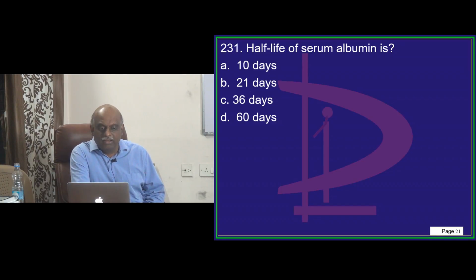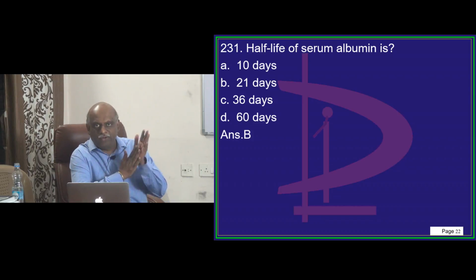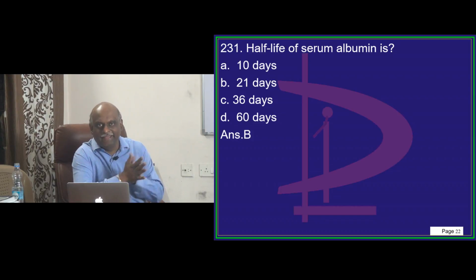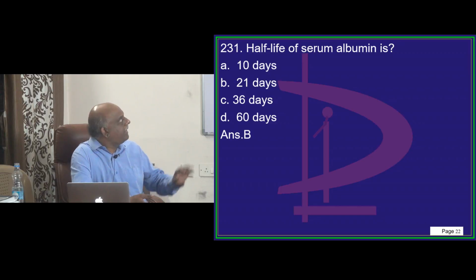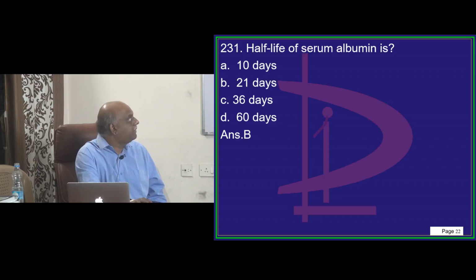So most of you are betting on 10 days, but Manoj and Sudha are proposing 21 days. Computer Mahoday ko puchenge how many days? It is 21 days is the half-life of the serum albumin is what you need to remember.